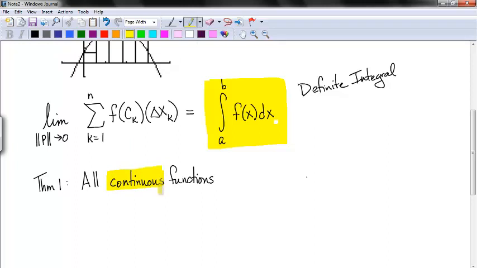Basically, it means if you can draw the graph without lifting your pencil, it's continuous. All continuous functions are integrable. That means you can integrate them. That means you should be able to find the area under the curve. That also means the definite integral exists.